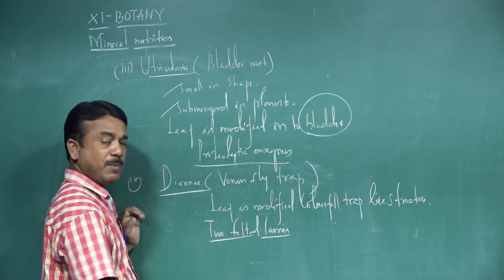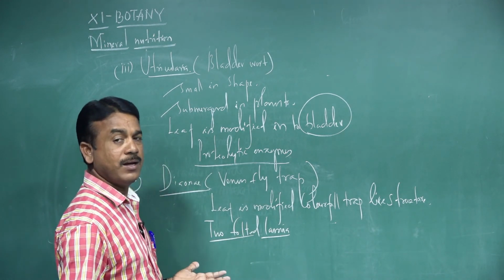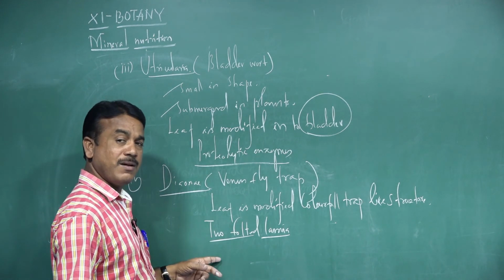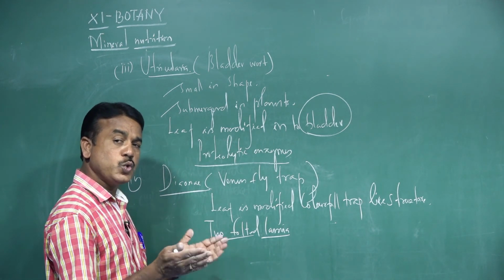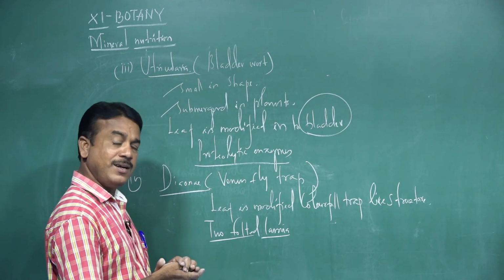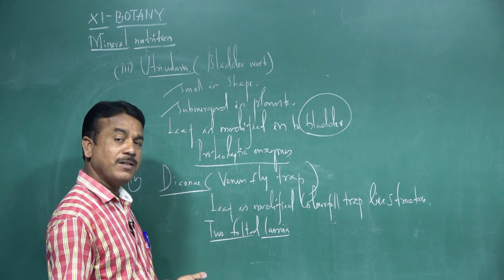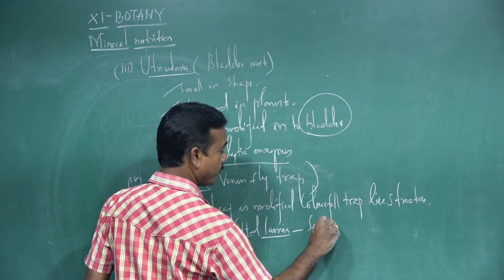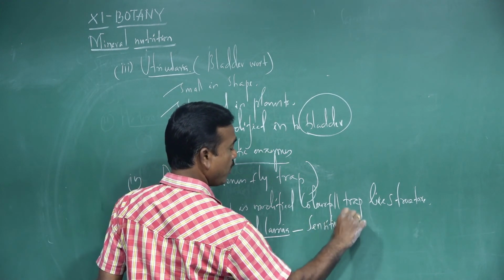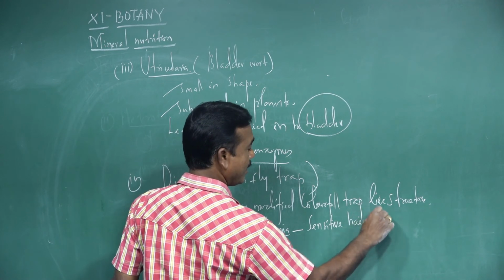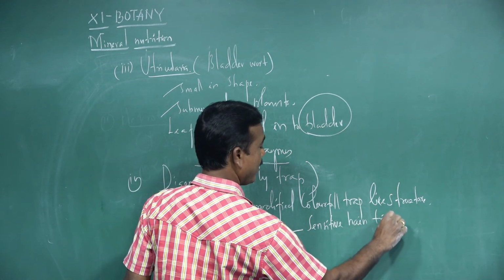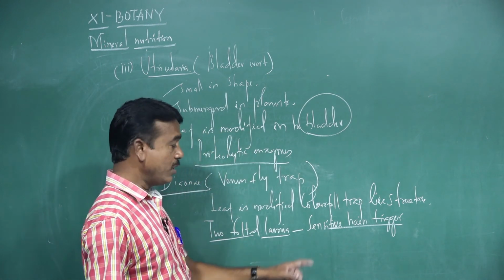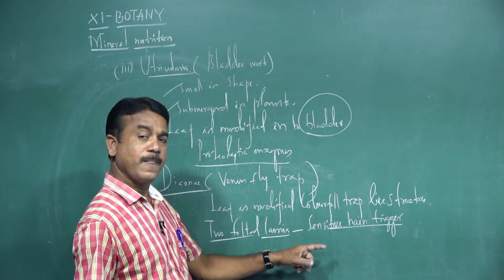Lamina is commonly called the expanded portion of the leaf. The lamina is folded into a two-leg structure. In addition, the surface of the lamina possesses sensitive hair triggers. So those hairs are very sensitive.